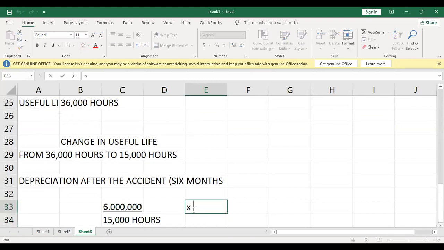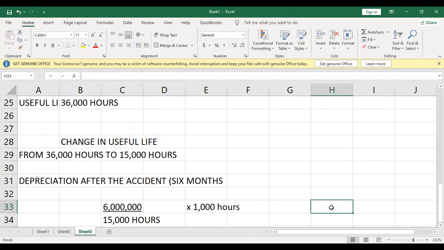It's 400,000 for 1,000 hours. So depreciation is 400,000, depreciation for the engine.